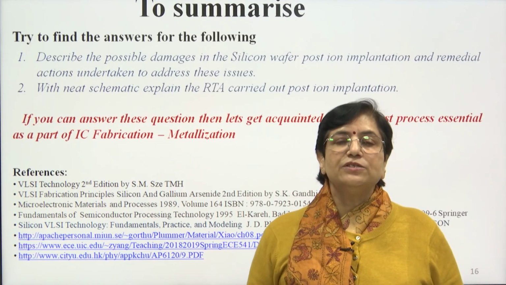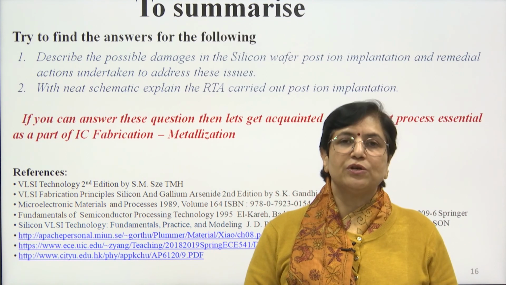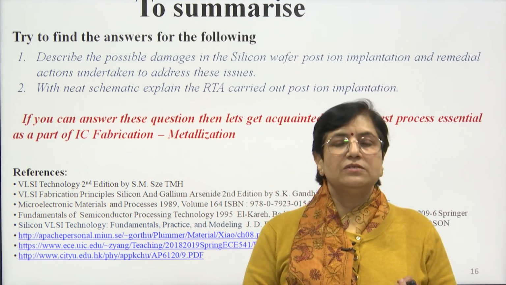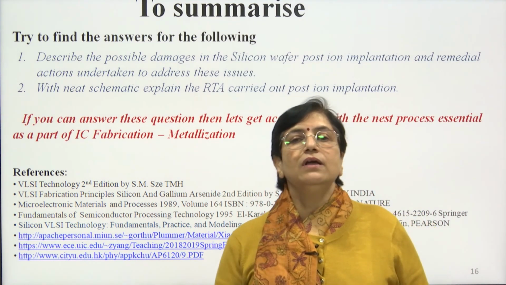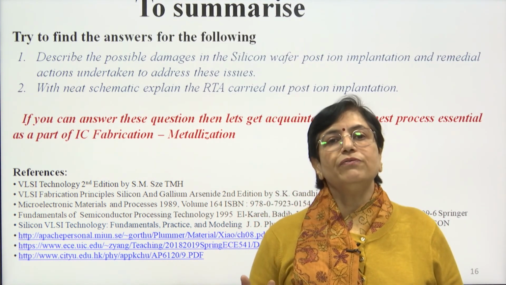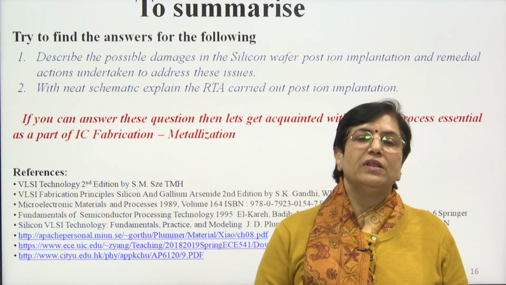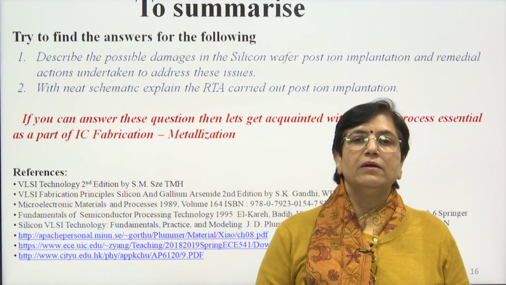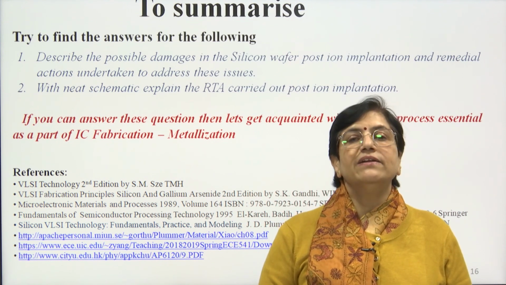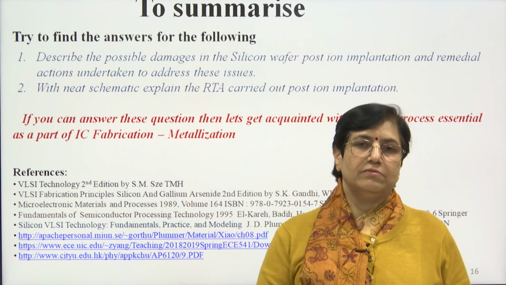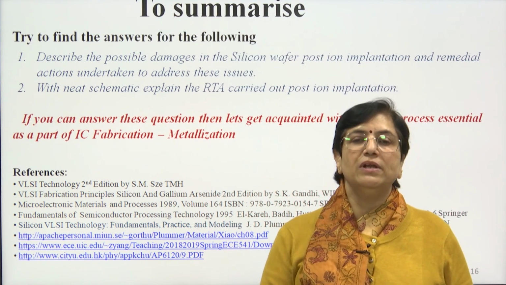So, in this lecture we have seen damage control. Initially we saw the impact of wafer damage because of contamination. Then we saw the channeling impact, and how channeling can create tails in the Gaussian profiles of the normal diffusion profiles.